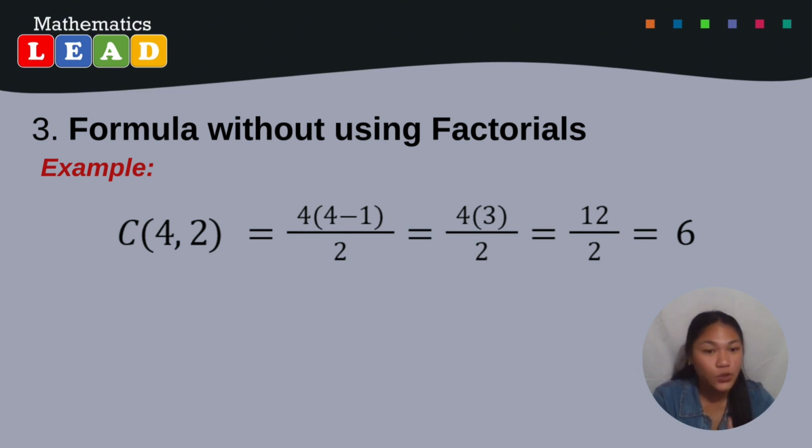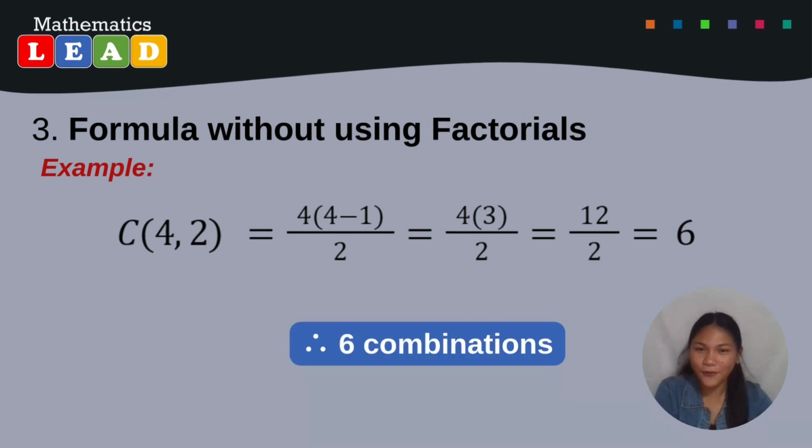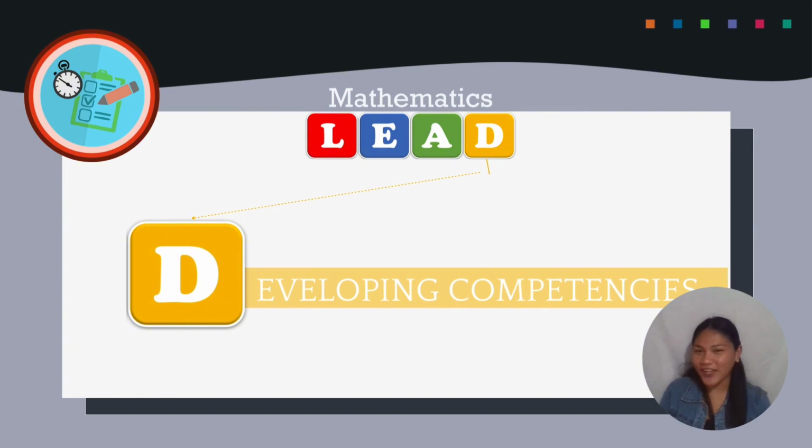And by dividing 12 over 2, we will have 6. Therefore, we have 6 different pairs of flavors we can combine. Isn't it amazing? Using the 3 methods, we all arrive at the same number of combinations for our Sunday challenge, which is 6.